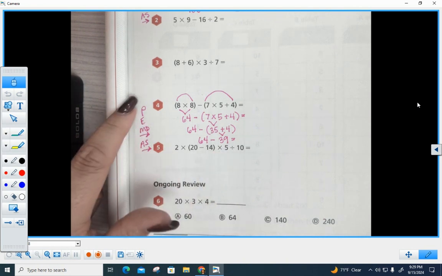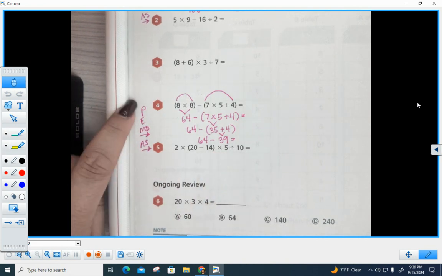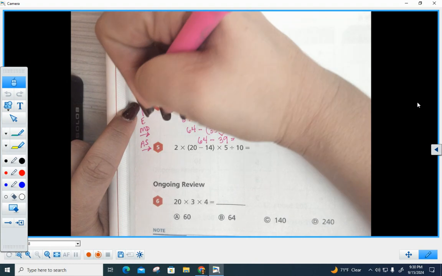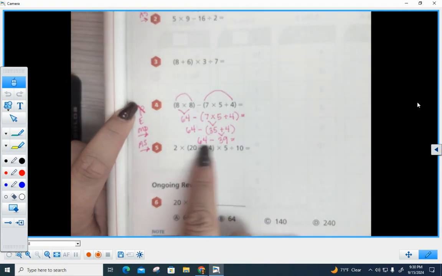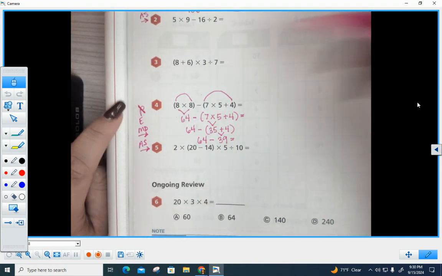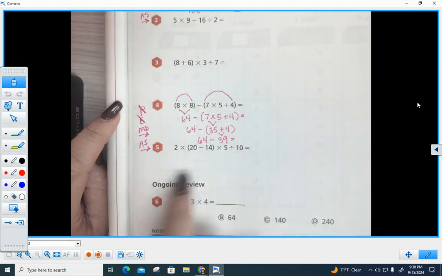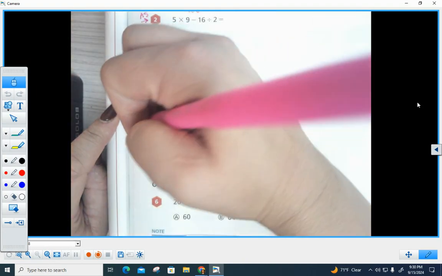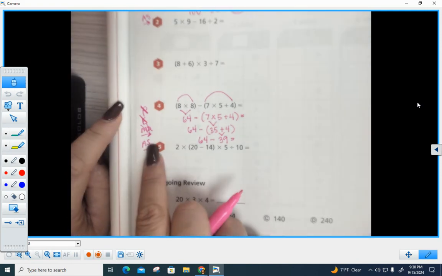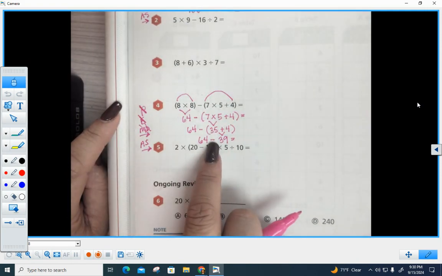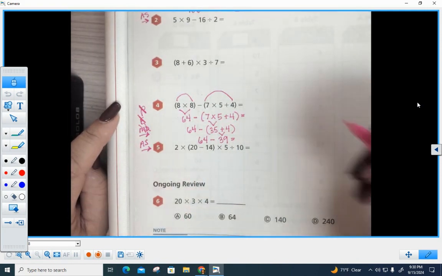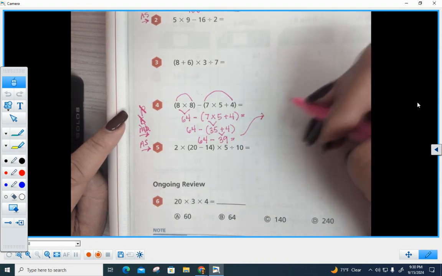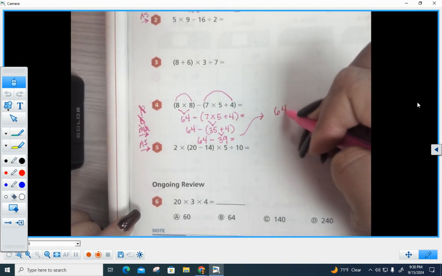Okay, let's update our steps over here. We've done all of the parentheses finally, so I'm going to cross that off. I do not have any exponents in this problem. I don't have any multiplication or division here, and so I'm going to cross that off. My last step really is this subtraction, which is 64 minus 39. If you're not sure how to solve that, I don't know that off the top of my head, I'm going to set it up on the side.